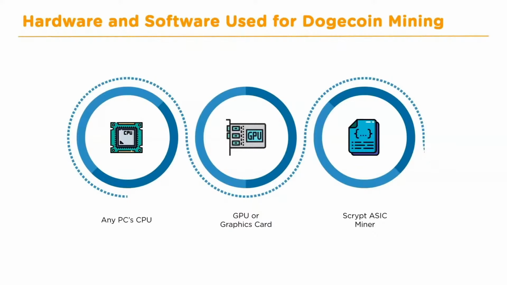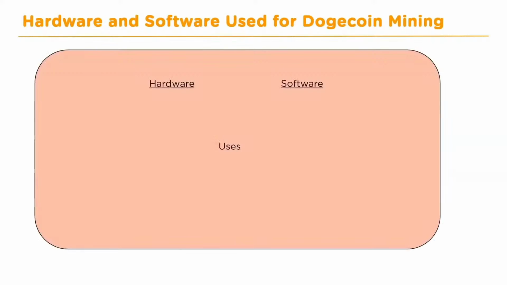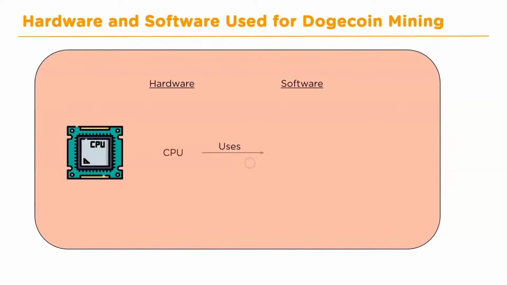Scrypt ASIC miners are programmed to mine scrypt-based cryptocurrencies like Dogecoin, like Bitmain Antminer L3, BWL21 scrypt miner, etc. If you are new to Dogecoin mining, then using your PC's CPU will be the right choice, and CPU Miner is the most appropriate software. If you are thinking of mining using a GPU or graphics card, you can have a wide range of software.